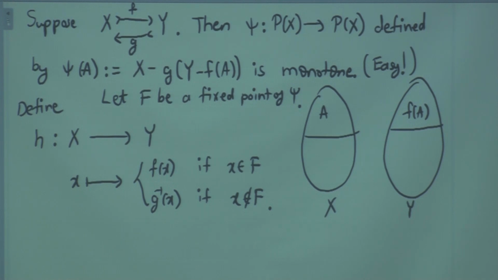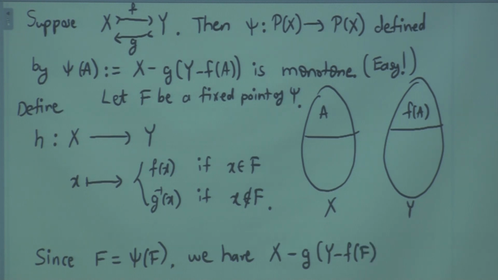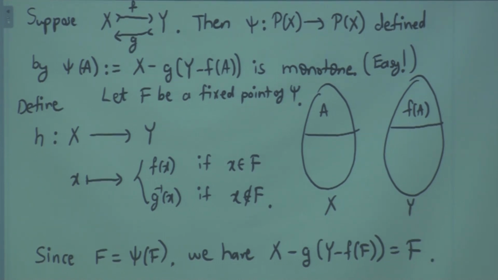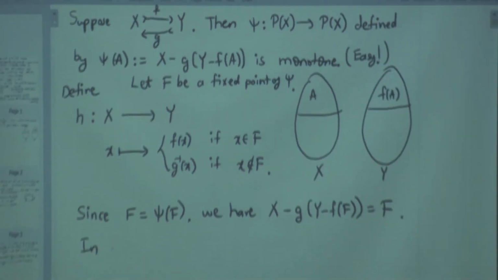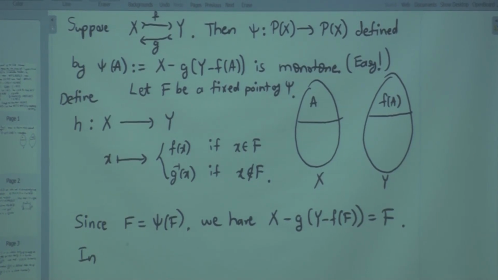Why is this function bijective? Okay, so first of all, since F is a fixed point, since F is equal to psi of F, we have X minus g of (Y minus little f of capital F) is equal to F. In other words, take complements of both sides in X. Yeah, we are using the word complement here.